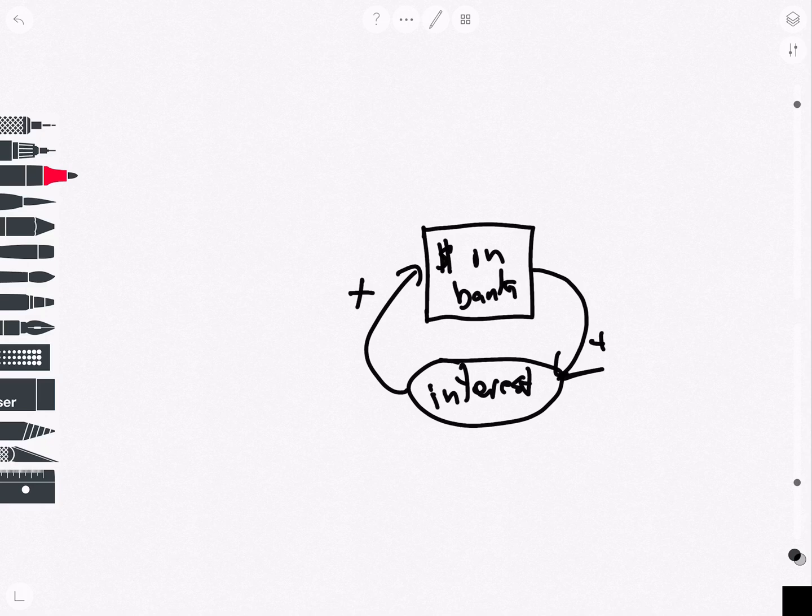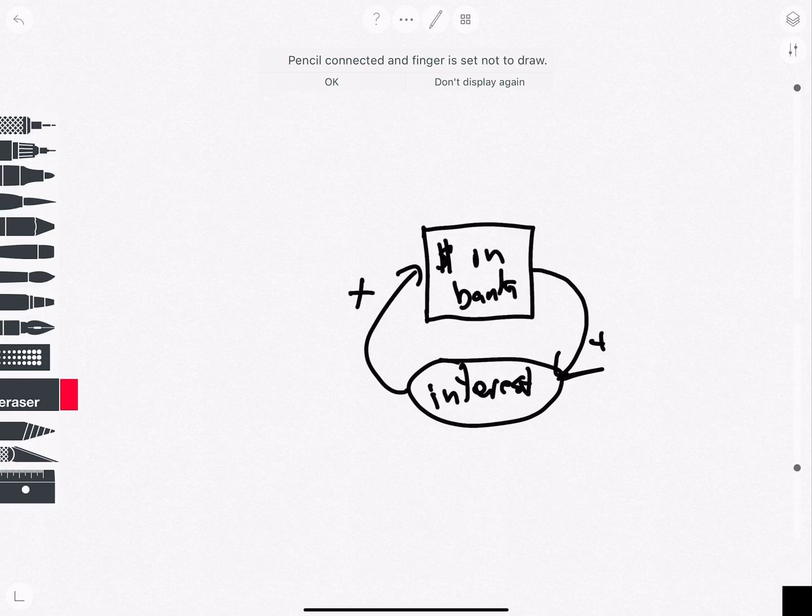Now let's think about what would happen if we want to draw it as a stock and flow diagram, like what Meadows talks about in chapter 1. So she draws it like this.